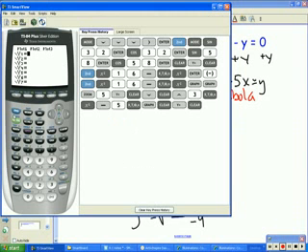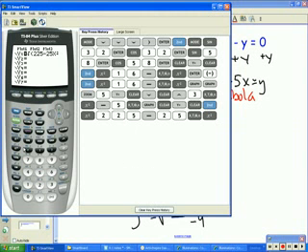So, square root 225 minus 25x squared divided by negative 9. I think I need some parentheses in here.